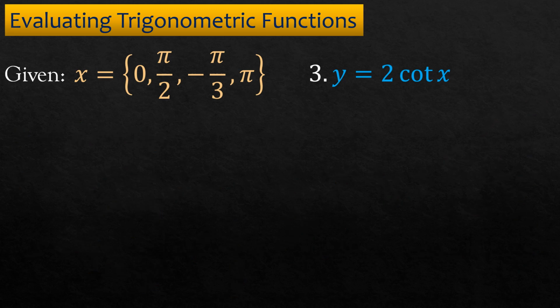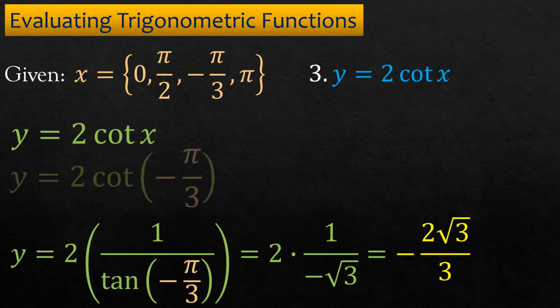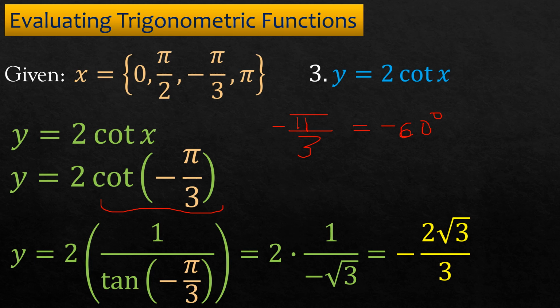So if we have negative pi over 3, substituting negative pi over 3, we have cotangent negative pi over 3. Negative pi over 3 is equal to negative 60 degrees. Okay? So the reciprocal identity of cotangent is tangent, so that is also equal to 1 over tangent negative pi over 3. And tangent negative pi over 3 is equal to negative square root of 3.